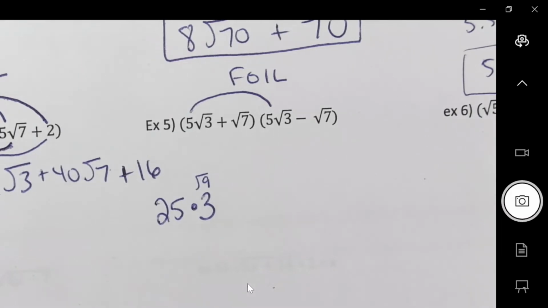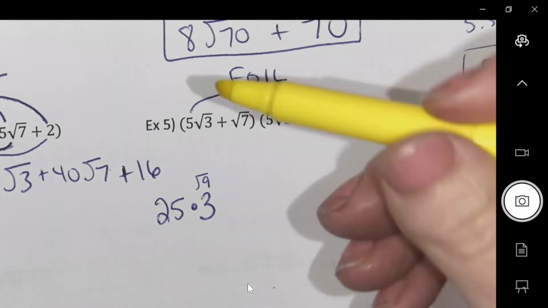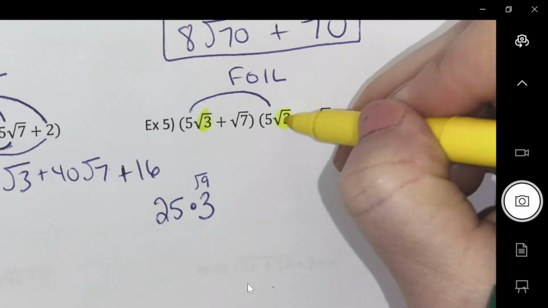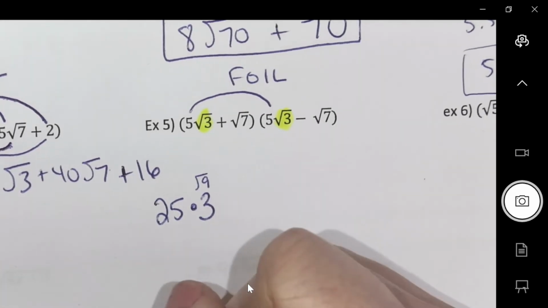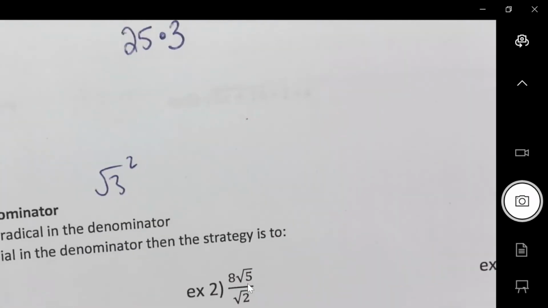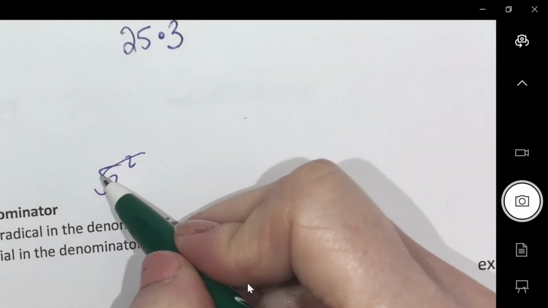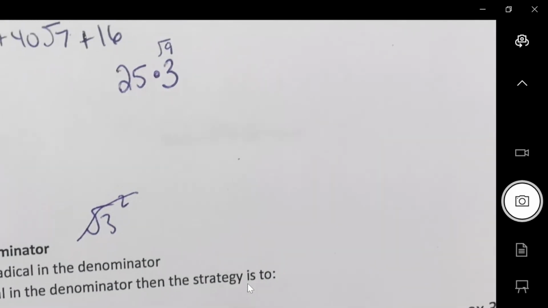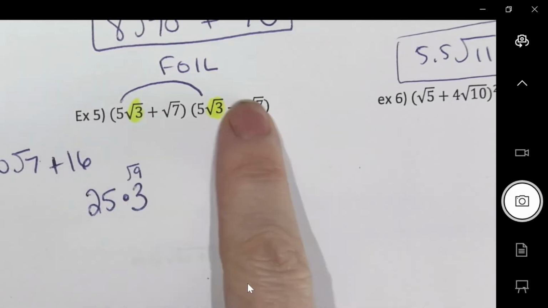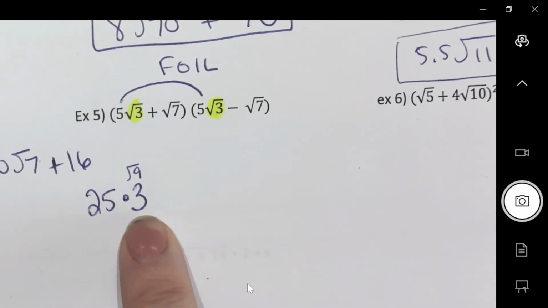So there is a little bit of a thing to think about. If you have a root 3, it's having a root 3 squared. And what happens with root 3 squared? It just becomes a 3. Okay? Or root 9, and then it turns into a 3. Okay? So if you are ready for that shortcut, go for it.